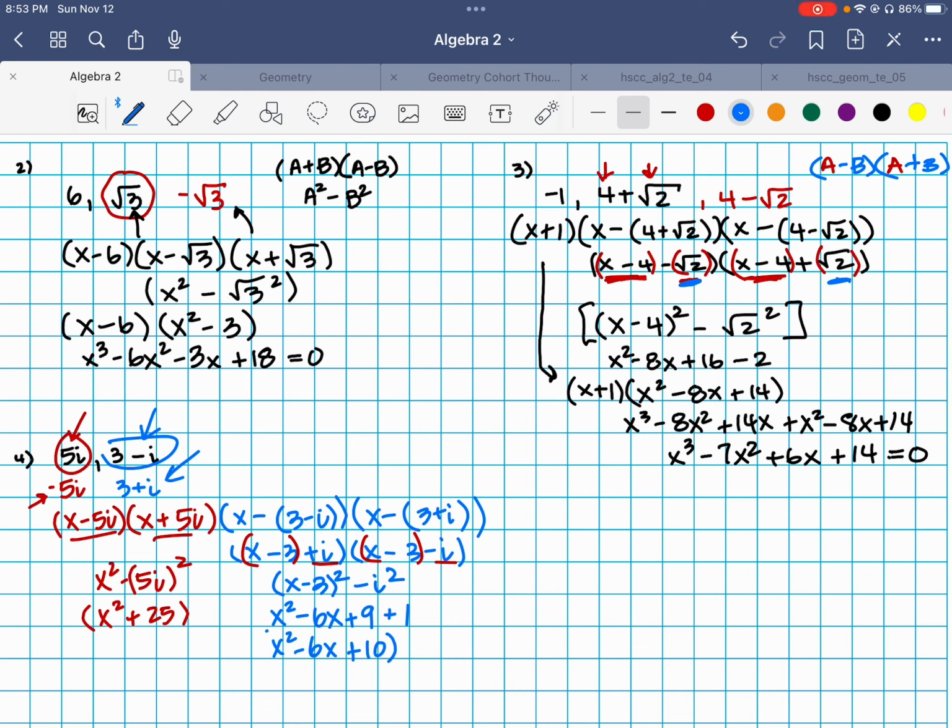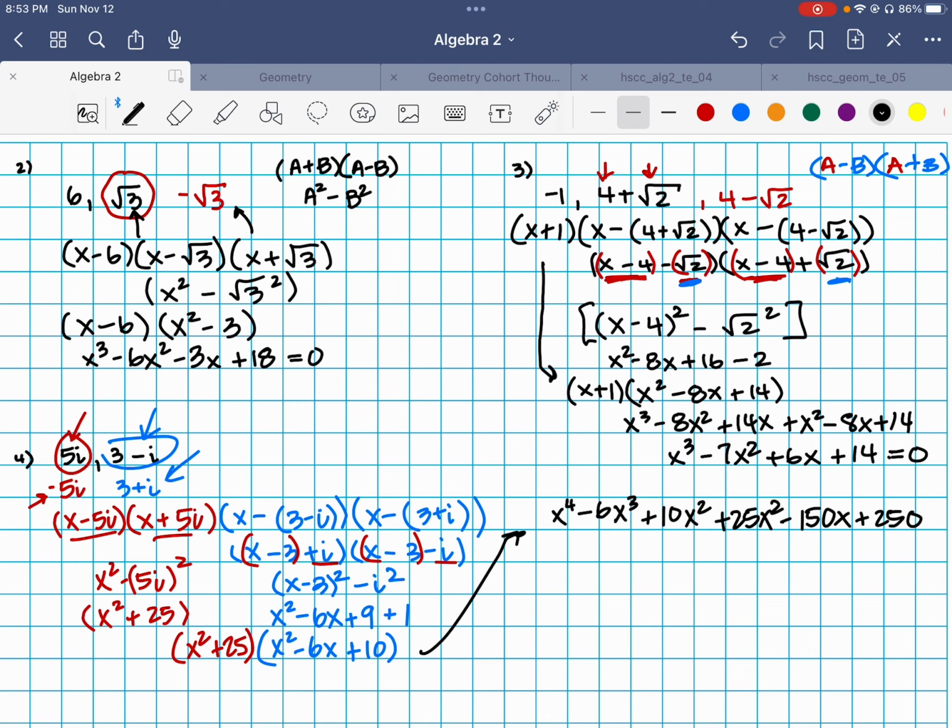And we're going to have to multiply that blue polynomial with that red polynomial of x squared plus 25. All right, so we multiply this thing out here. I'll just throw the answer over there. We're going to go x to the power of 4 minus 6x to the power of 3 plus 10x squared plus 25x squared minus 150x plus 250.